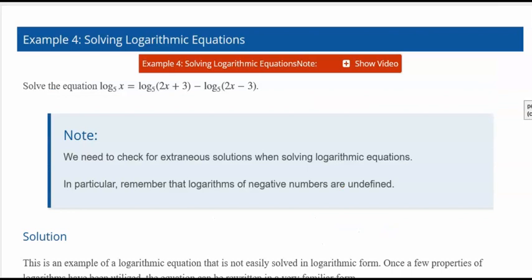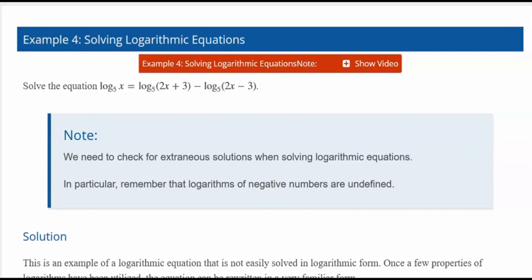As we do example 4, notice it's in log expanded form. So we're going to put it in log condensed form and then convert it to its exponential form and solve for an answer.